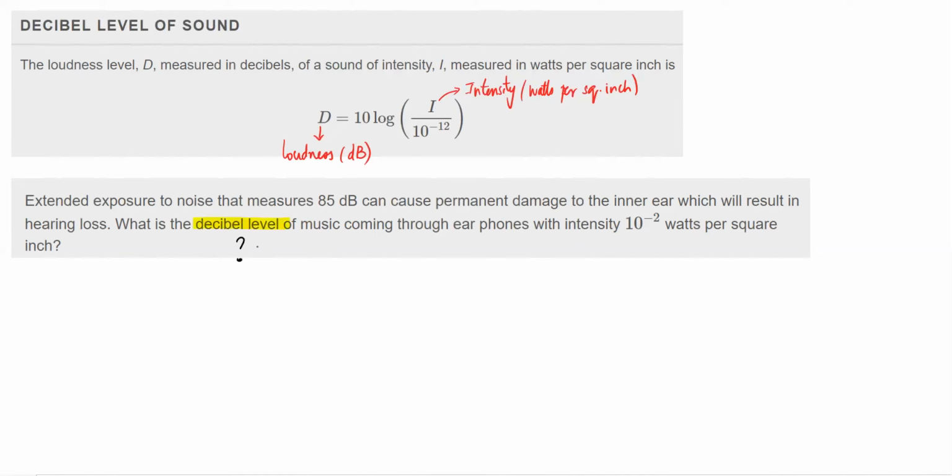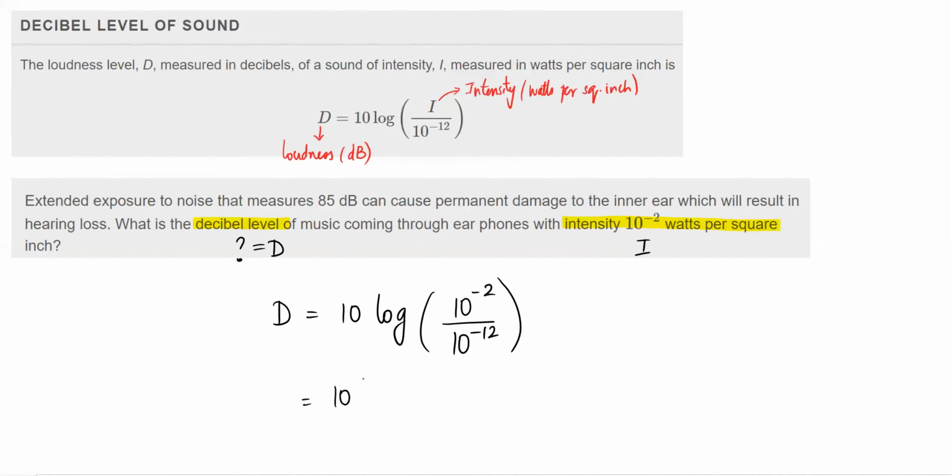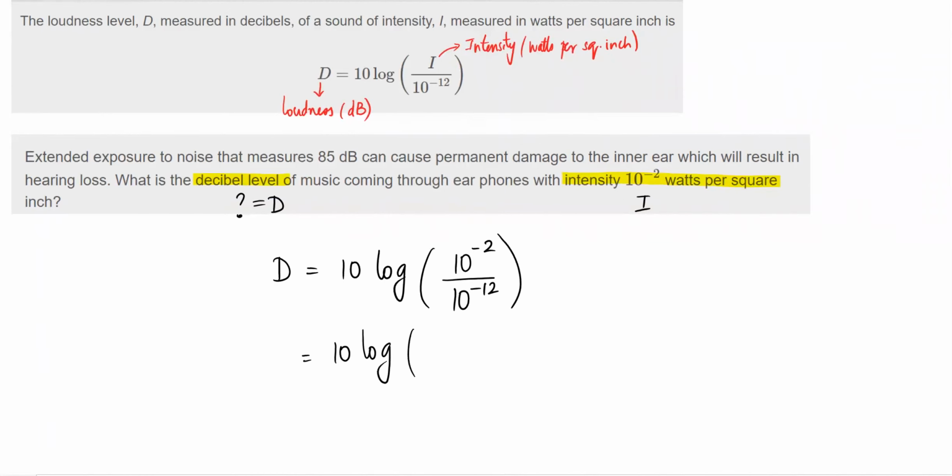Let's write the formula. D equals 10 log of I, which is 10 power negative 2, over 10 power negative 12. Plugged in for I. Now again, PEMDAS does work, so what's inside the parentheses is what you will do first. This is cool because it falls back on the laws of exponents. If you have the same base but you have a division going on, you subtract the powers. So negative 2 minus, top power minus the bottom power.